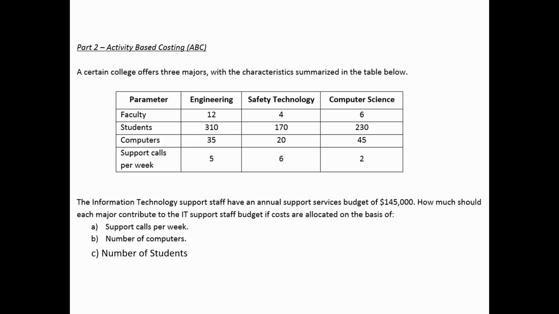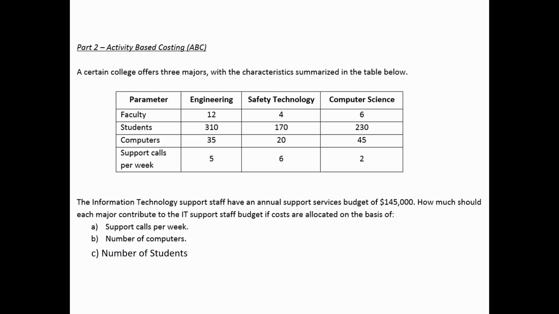But then, who's not going to like that? Well, the safety technology division, they'd say, why should we pay a third when we have fewer students, fewer faculty, and fewer than average computers? So the safety technology probably would say, well, it's really not fair for us to pay a third.